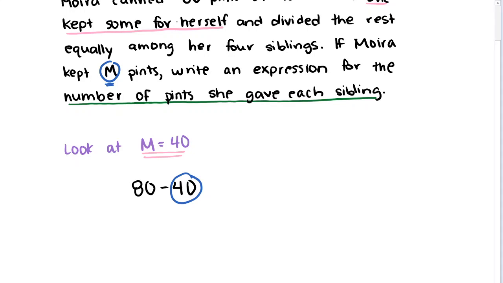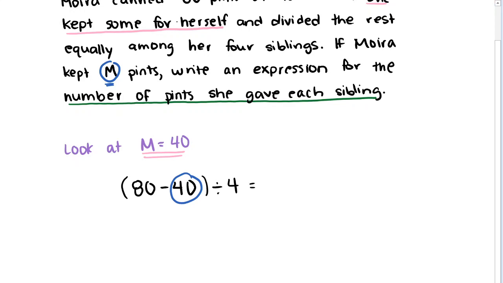And so here, I can imagine dividing by 4 next, but order of operations would tell us that first the 40 would get divided by 4, and then we'd subtract that away from 80. And that would be not quite the same as subtracting 40 first and then dividing by 4. So first thing she does is she takes 40 away for herself, and the rest gets split up evenly.